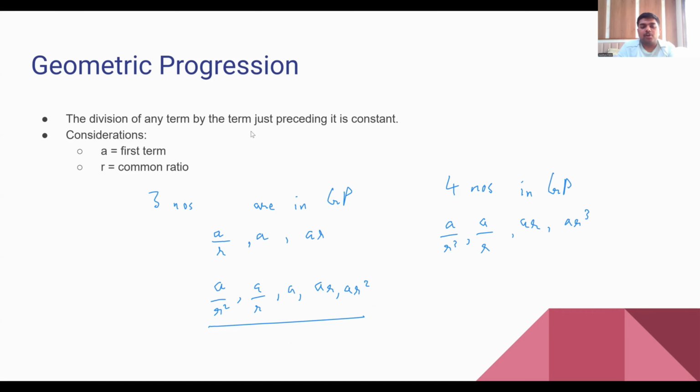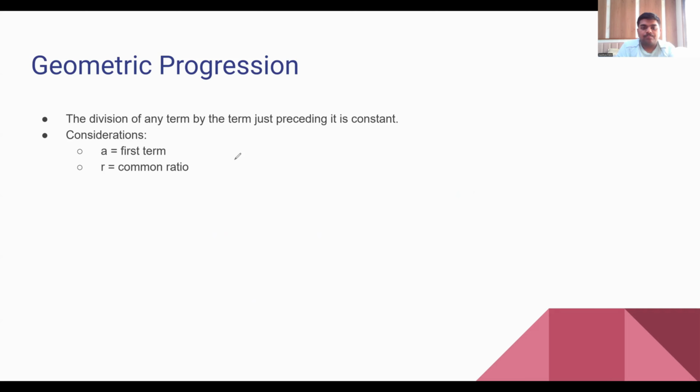Then the next point that comes is that, see, T1 into Tn is equal to T2 into Tn minus 1 is equal to T3 into Tn minus 2 is equal to, and so on.